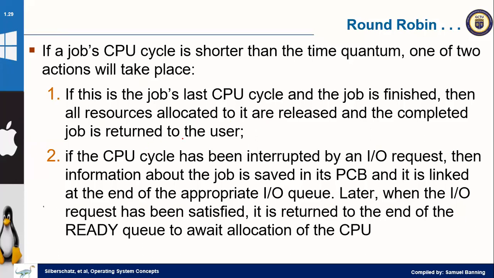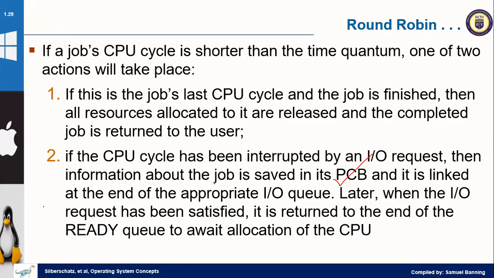If the CPU cycle has been interrupted by an IO request, then information about the job is saved in its PCB and it is linked to the end of the appropriate IO queue. Later, when the job is completed with the IO, it is returned to the end of the ready queue to await its allocation on the CPU.